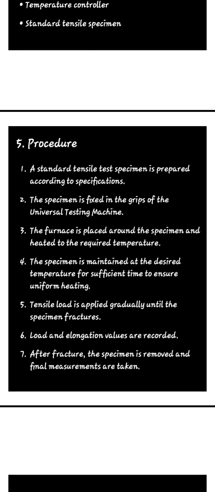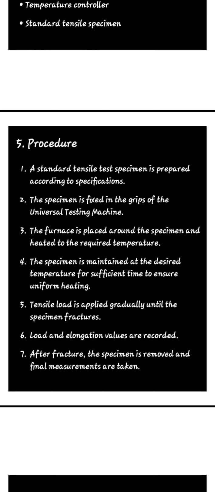The specimen is maintained at the desired temperature for some time to ensure uniform heating. Tensile load is applied gradually until the specimen fractures. Load and elongation values are recorded. After fracture, the specimen is removed and final measurements are taken.